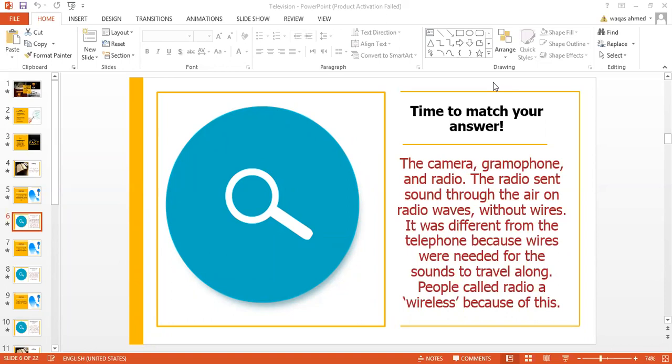People used wires which were needed for sounds to travel long distances. But some things like the radio did not use wires, and the sound was carried a long distance in the air.